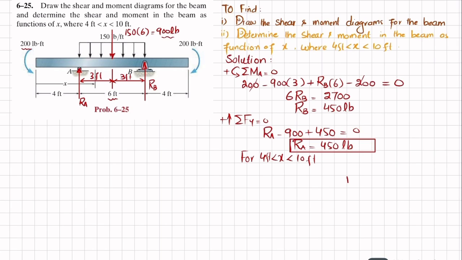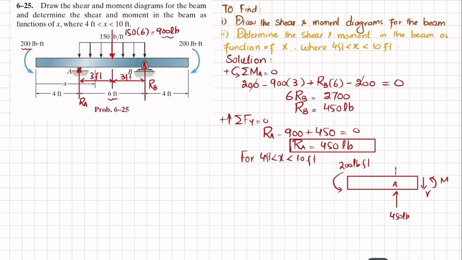When you cut the beam, it will be like this. There is a moment at this point which is 200 pound-feet. This is point A, where the 450 pound load is applied. When you cut it, you will have a shear force which is this, and you will have a moment M as well.